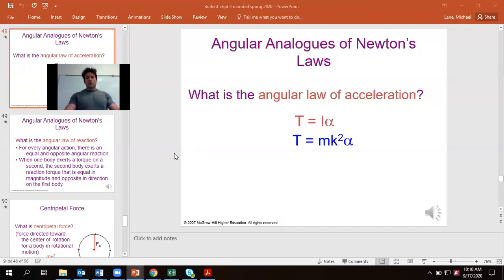What rotational speed do we want to get it up to? How fast do we want this merry-go-round to be rotating?